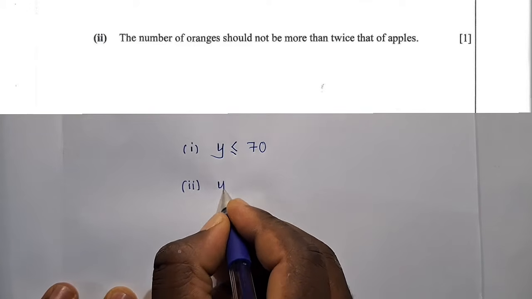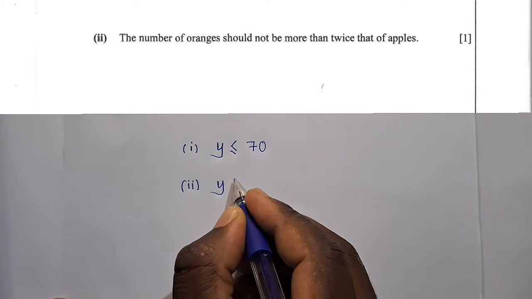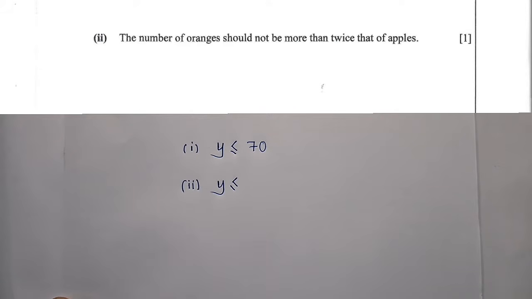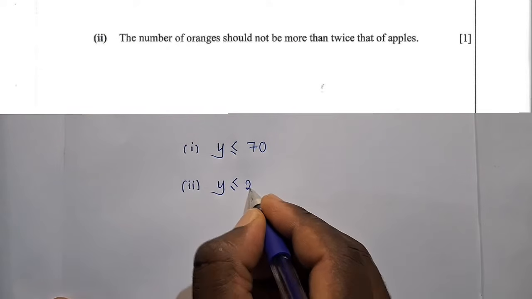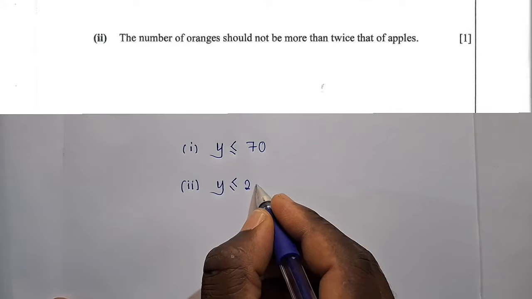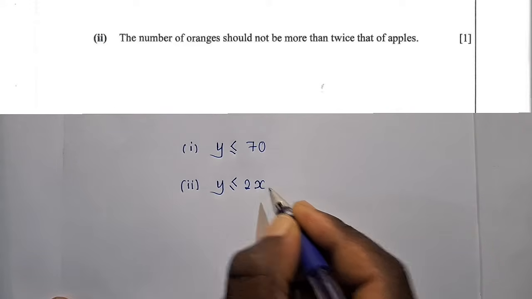Oranges is Y. Since they're saying should not be more than, that is less than or equal to. Twice means 2 times that of apples. Apples is X, so we say 2x right here.